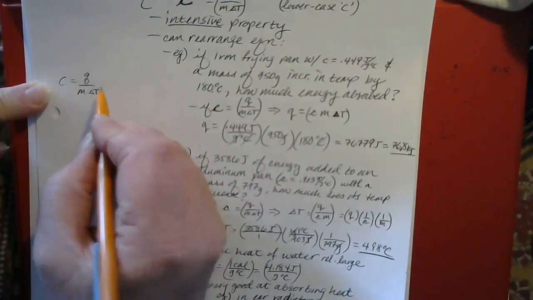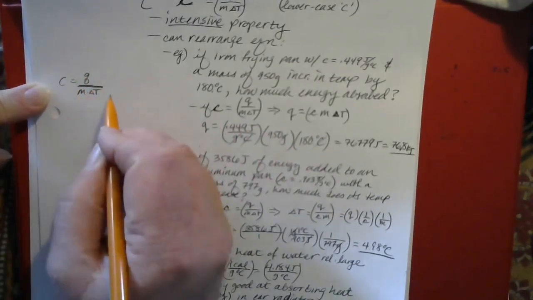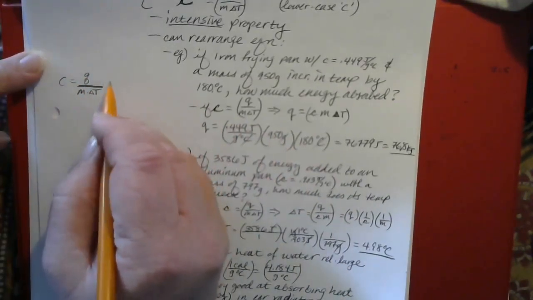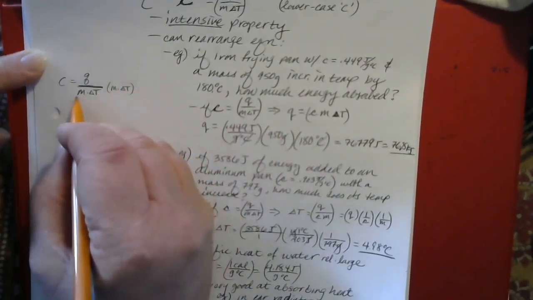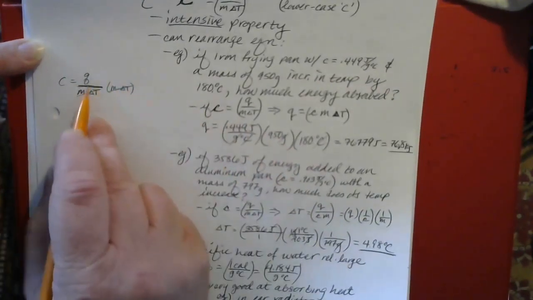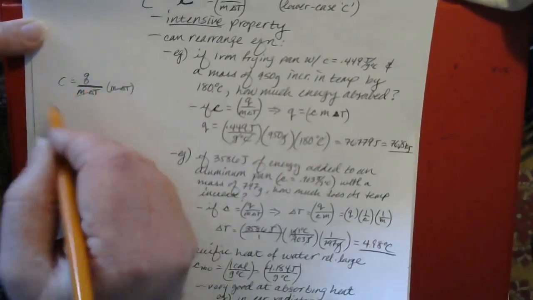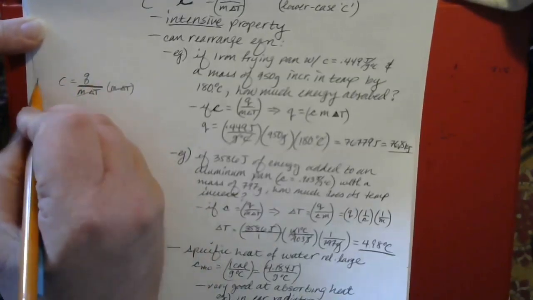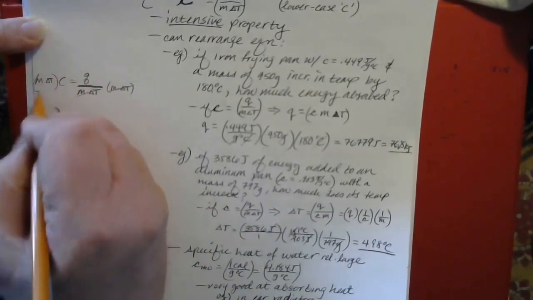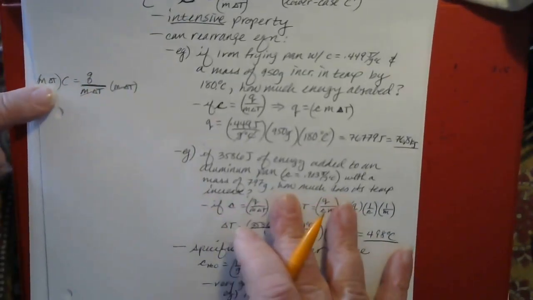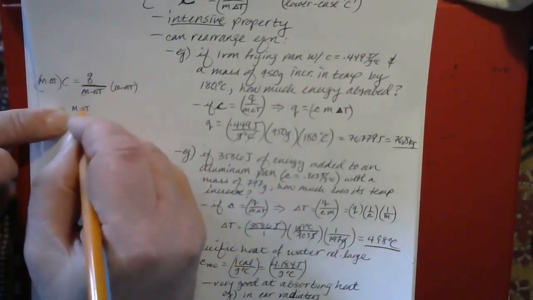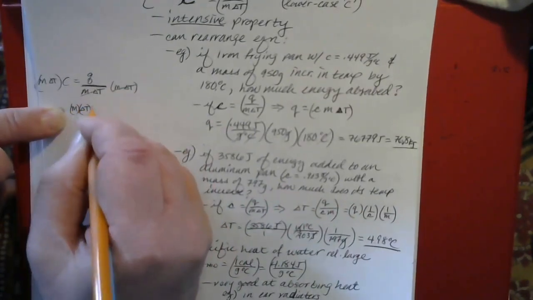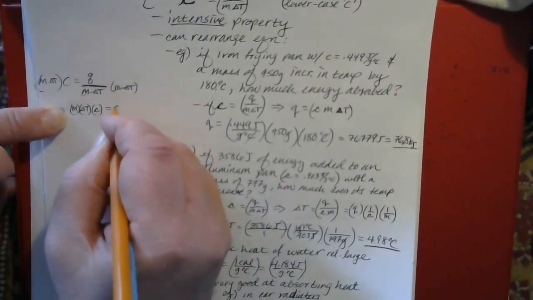Q, as we start out, is divided by M times delta T. So if we multiply the right-hand side by M times delta T, it'll cancel out the M delta T in the denominator. But to keep the equation equal, we have to multiply the left-hand side by M delta T also. So we have M delta T times C is equal to Q.